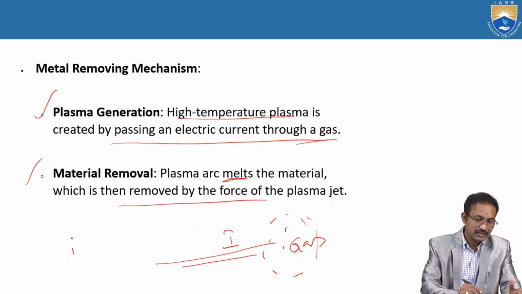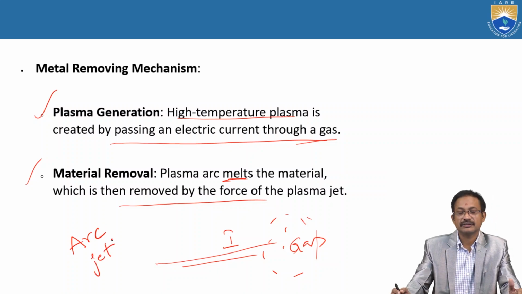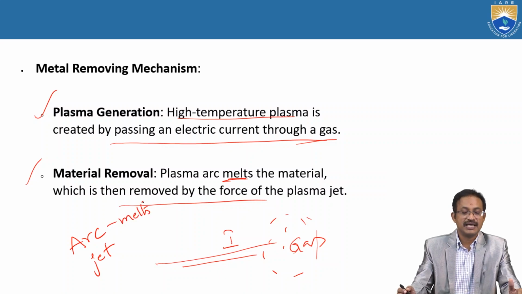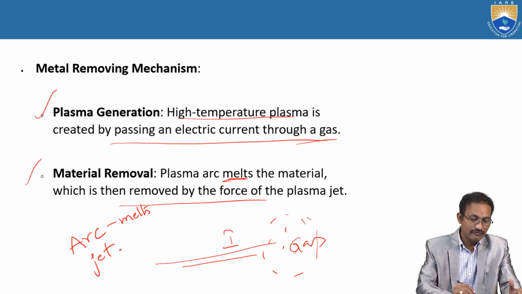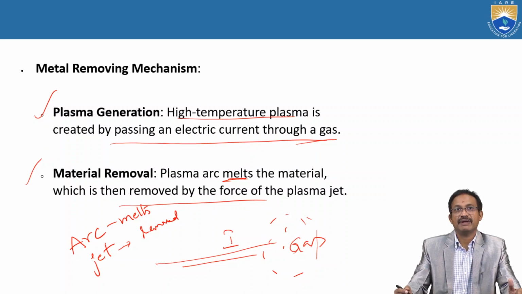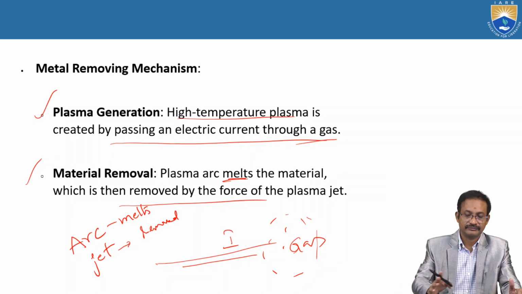One is the plasma arc, the other one is the plasma jet. Whatever it may be, the material is melted by the plasma arc and forced out by the plasma jet.